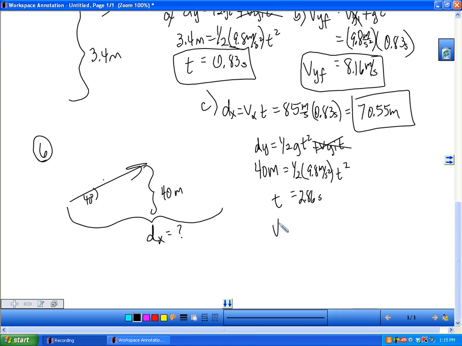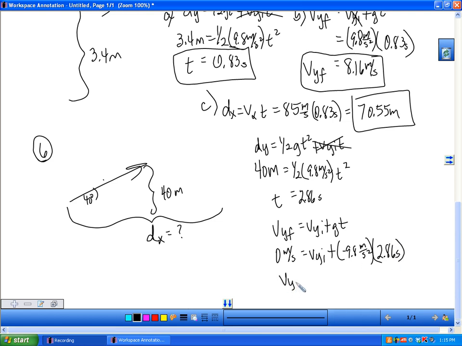So then I went back and said, okay, I know the time now, so Vyf equals Vyi plus gt. Vyf is 0 at the highest point. Vyi is what I don't know. Gravity is negative 9.8 because it's slowing it down, and t is 2.86 seconds.